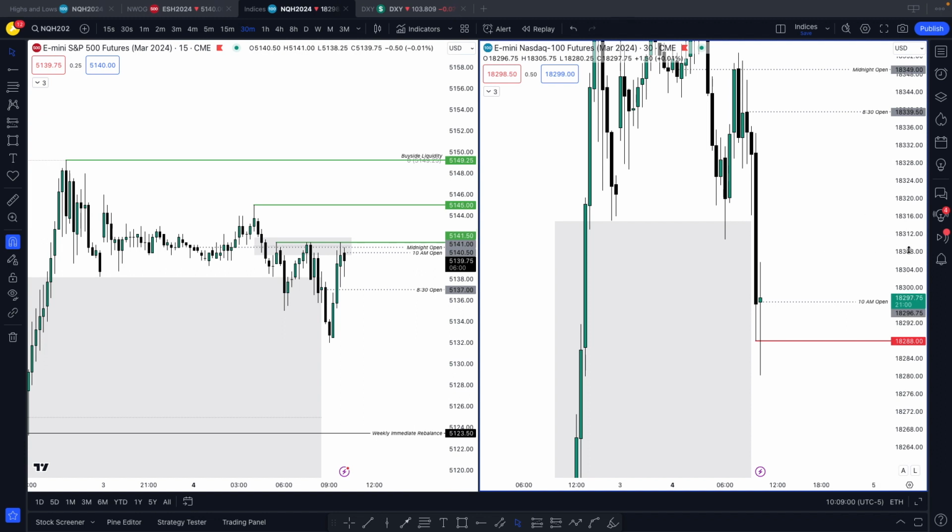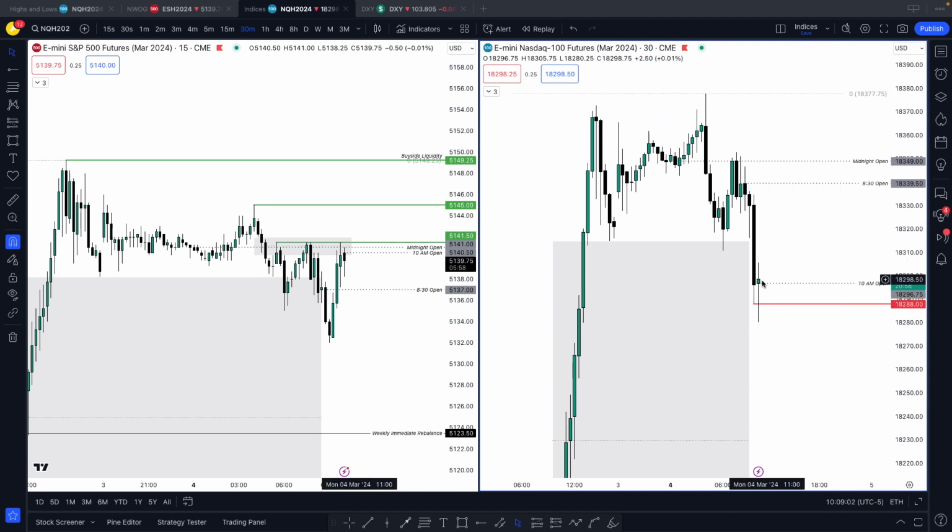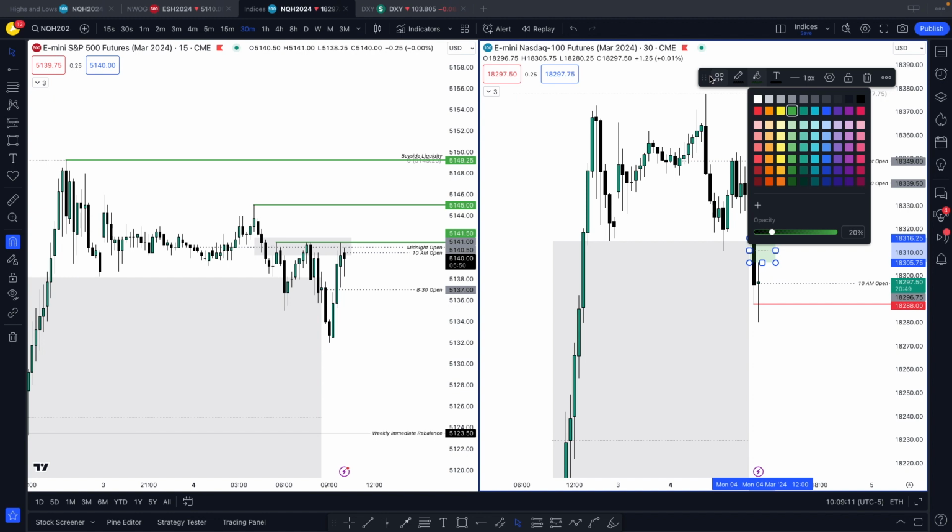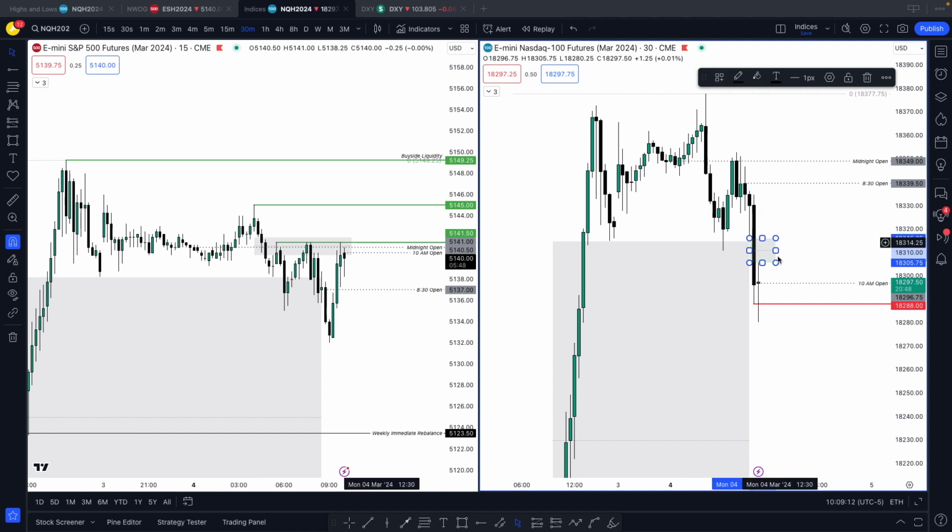Still 21 minutes on this 30-minute candle, and we have this area of inefficiency that exists within here. So if we are going to find a long opportunity, it can be back into this range.